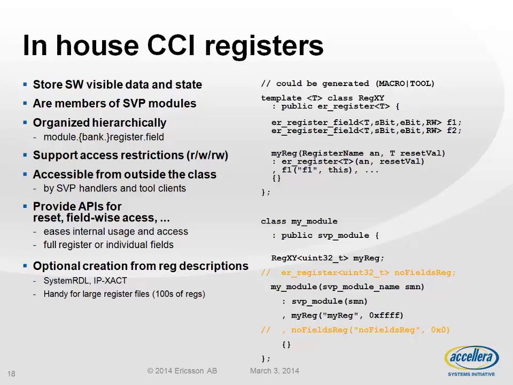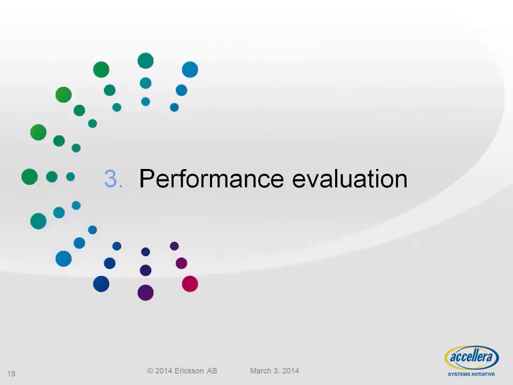It provides all the regular accesses that you might need for a register. Actually, ER register is also an SVP module. Either you define it with or without fields, you automatically insert attributes for the register and its fields. And then this way you build up the attribute tree for the whole virtual platform down to this low level of a register field.